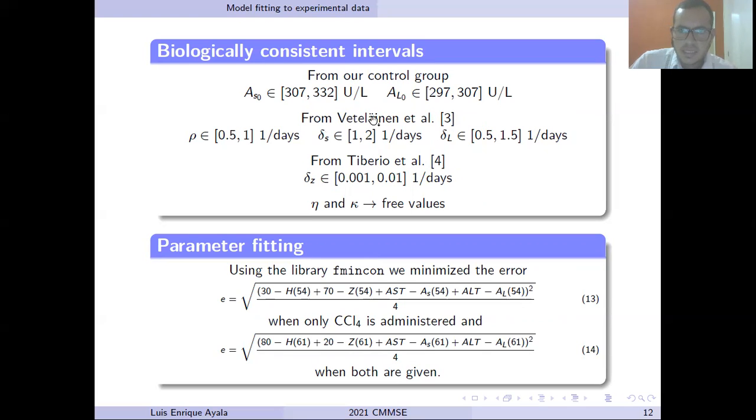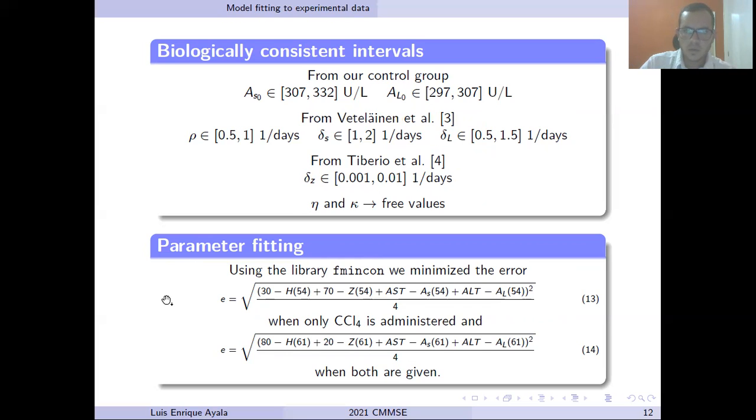From this study, we can define these three intervals for rho, delta S, and delta L. And from this study, we can define this interval for delta C. And eta and kappa were free values.